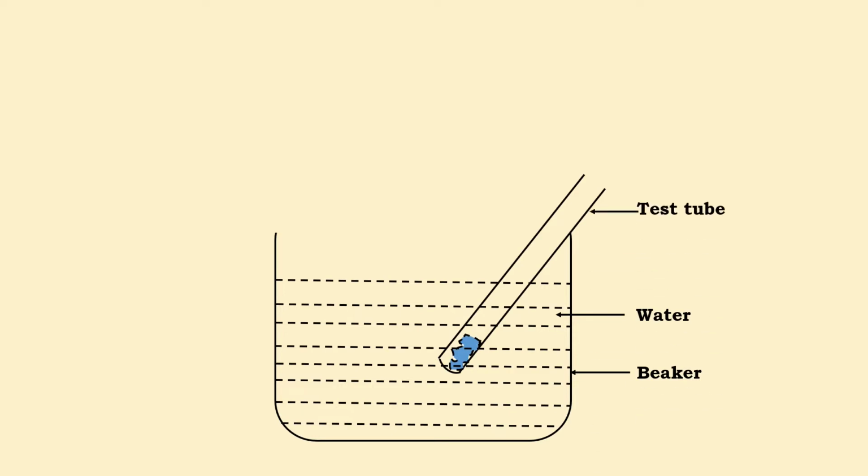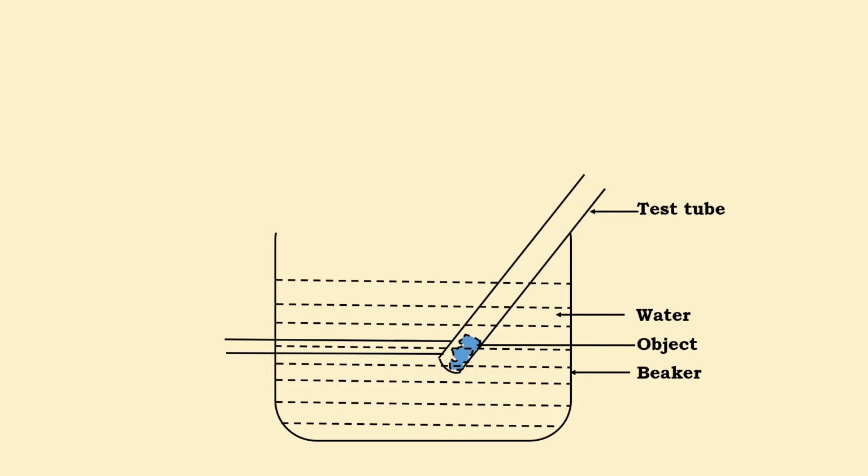Now another event, look at this. Let's say this is a beaker, and this beaker is filled with water, and a test tube is taken, and this test tube has one object inside it. An object is placed inside the test tube, and if we want to see this object from the vertically upward direction, then what happens?